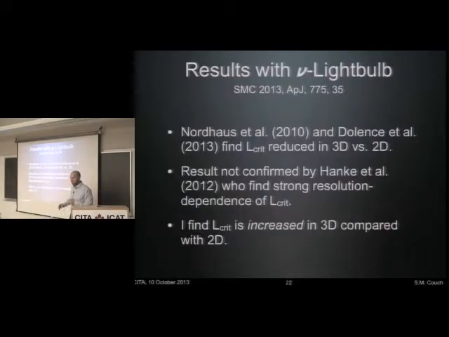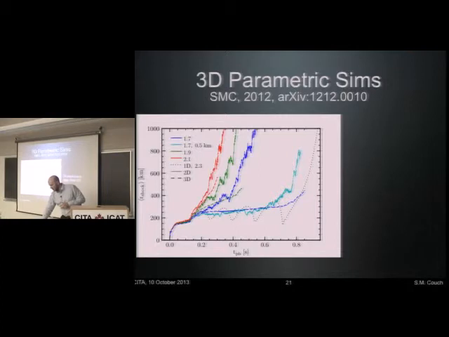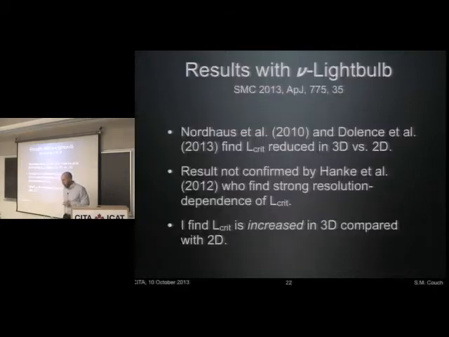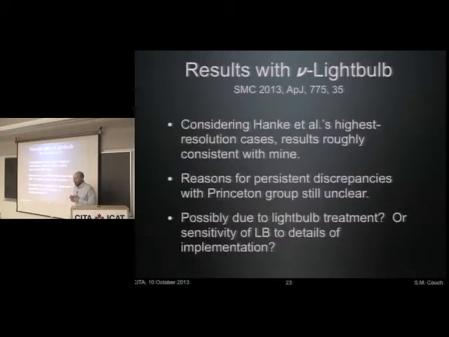So just to go back, you got the opposite result from the Princeton group? Yeah, just completely diametrically opposite. It's still unclear why the discrepancies persist between my results and the Princeton group.